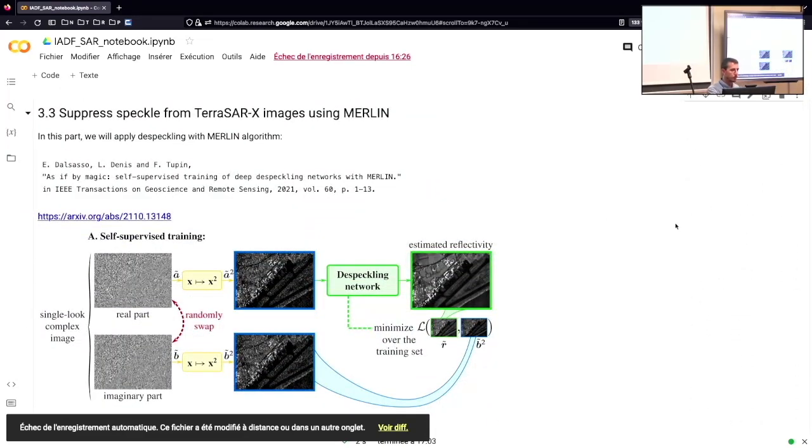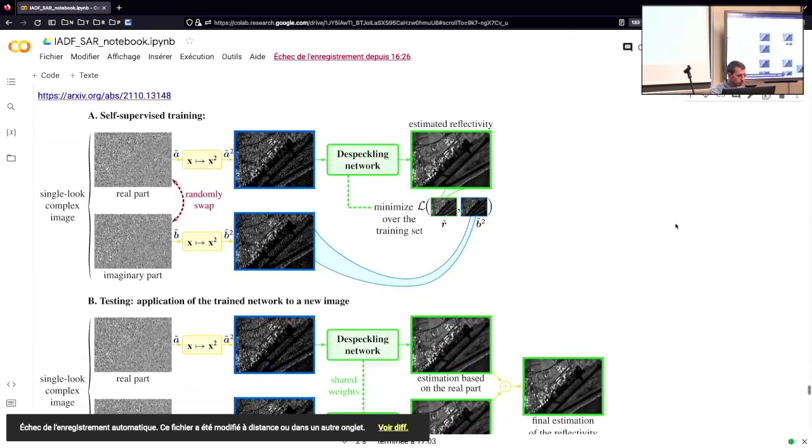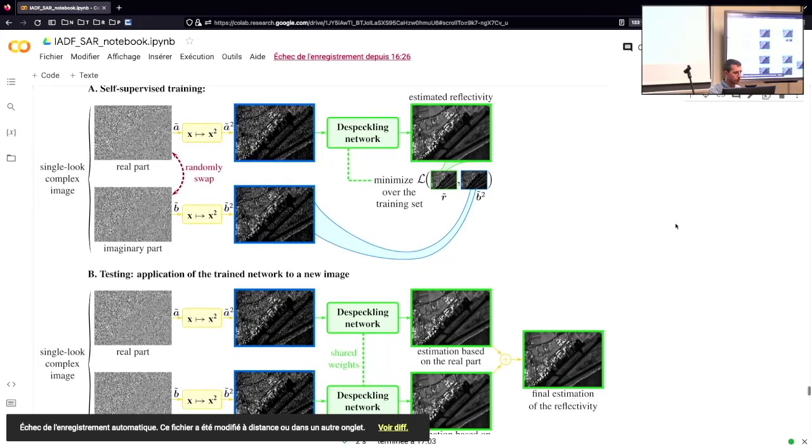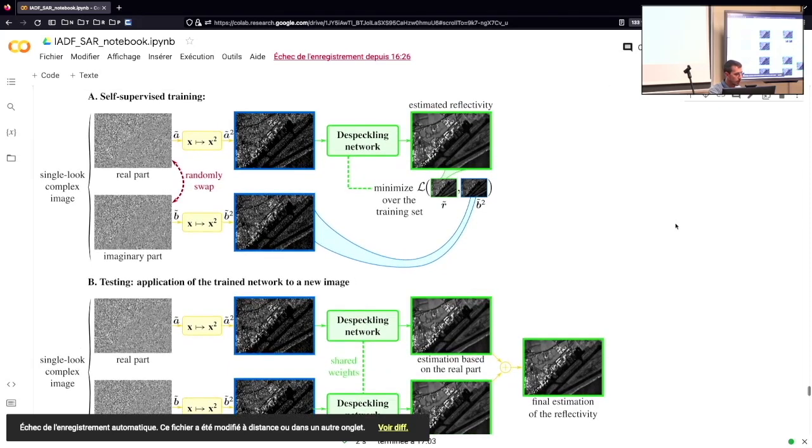So here we're going to apply the neural network that was trained with the strategy that was presented before by Professor Florence Tupin. So I'm going to briefly recall the rationale behind the framework that is developed. So this network was trained in a self-supervised manner on single-look complex SAR images.